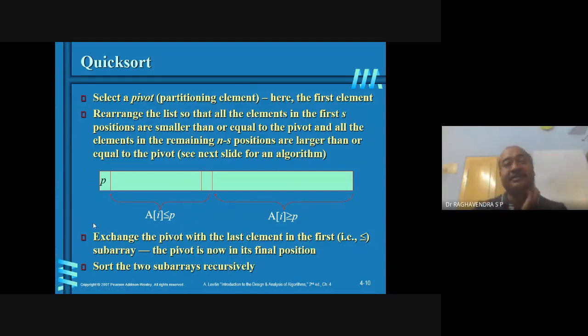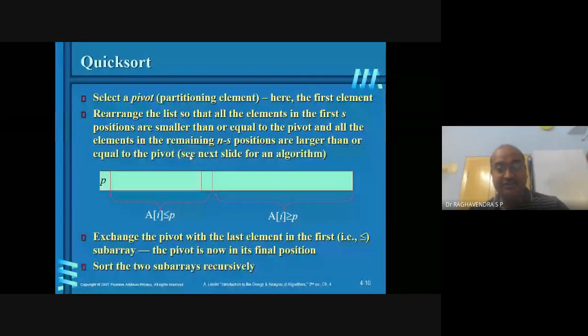Next, rearrange the list so that the elements in the first s positions are smaller than or equal to the pivot element, and all the elements in the remaining n minus s positions are larger than or equal to the pivot element. So this is the first half, this is the second half.